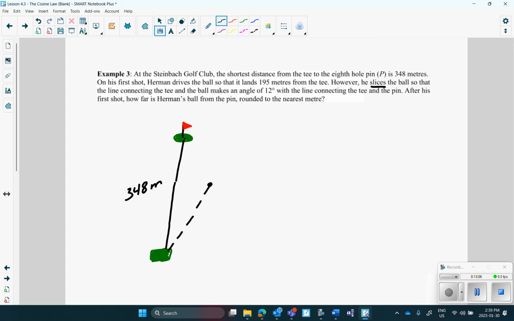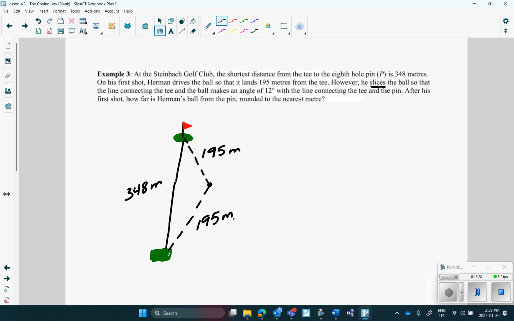Sorry, this is 195 meters. That's where the ball is. Oh, sorry, 195 meters from the tee, not from the hole. My mistake.